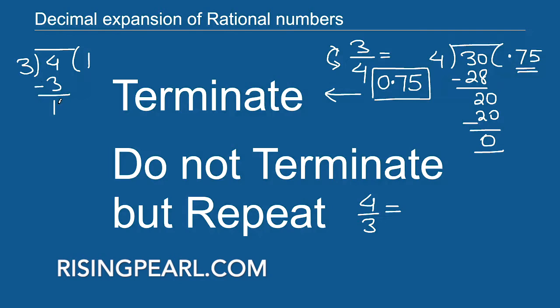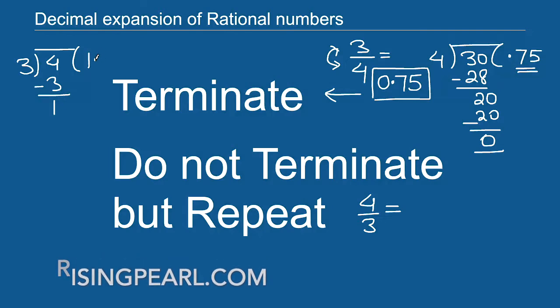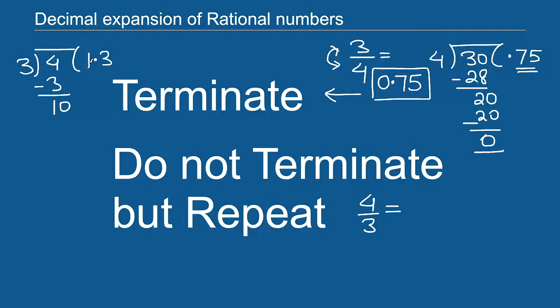And 1 is smaller than 3, so we put a decimal and we get 0. Now 3 times 3 is 9, so we subtract 9 from 10, we get 1, and again we get a 0. Again 3 times 3 is 9, and we do the subtraction, we get 1 again. So we keep getting remainder as 1, which means we have to keep going like this.